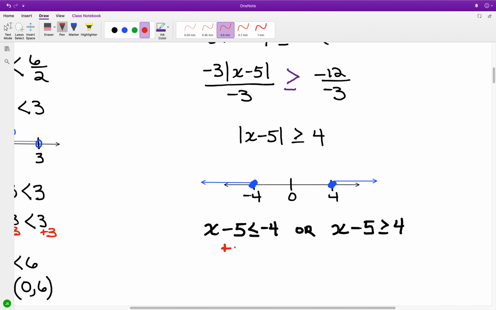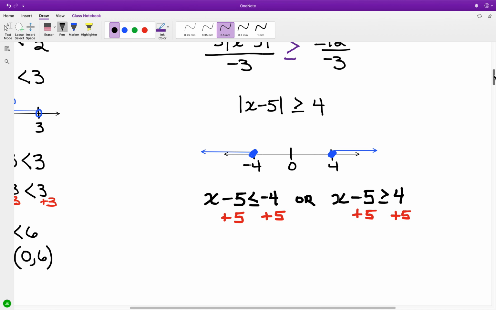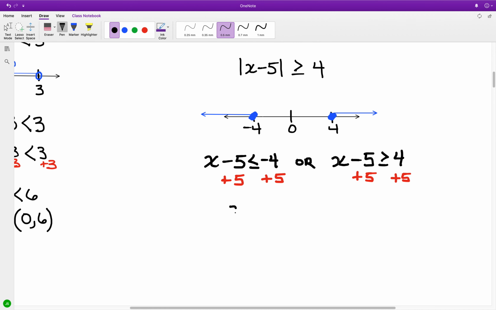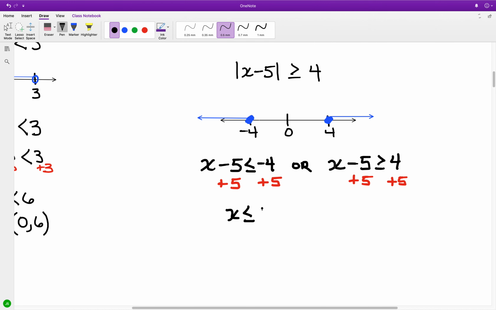And in isolating x, upon adding 5, we have the distinct inequality solutions: at the lower end, x is less than or equal to 1, or x is greater than or equal to 9.